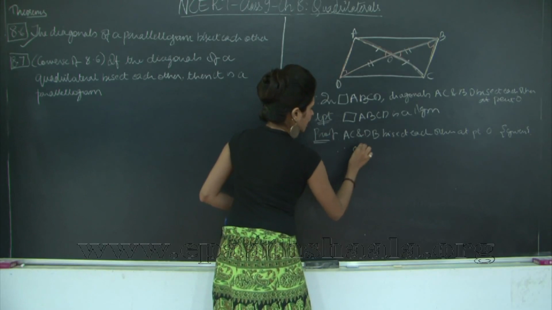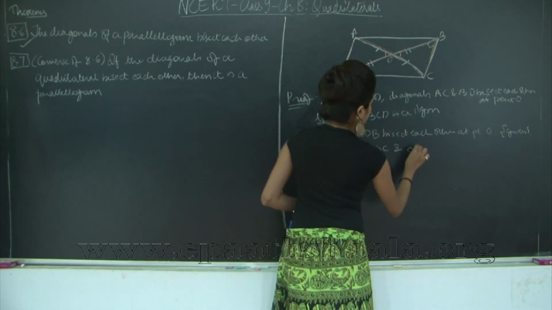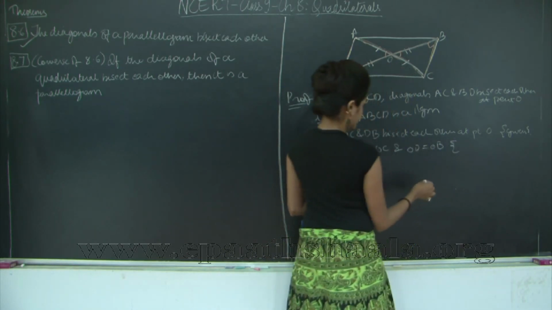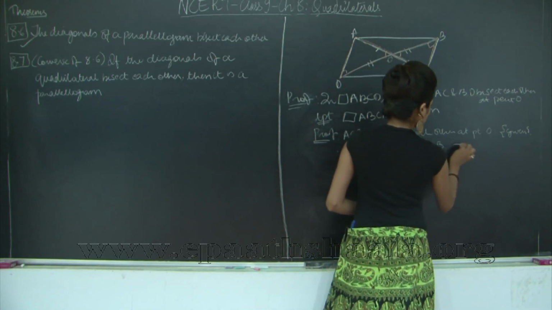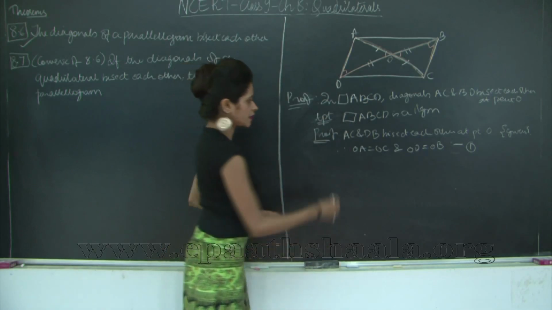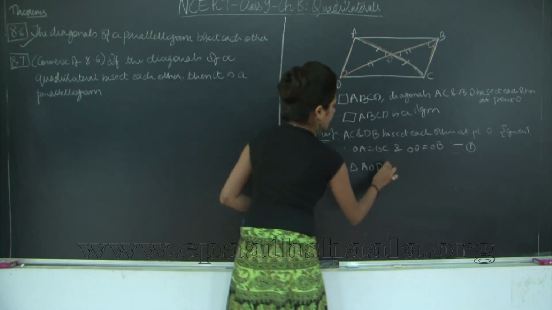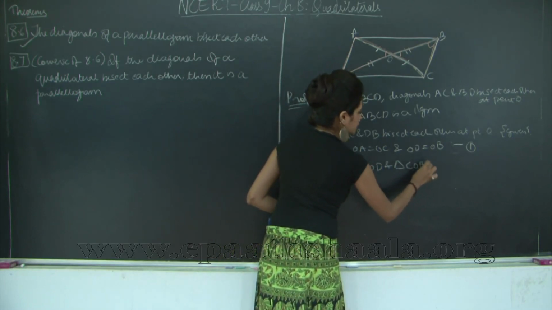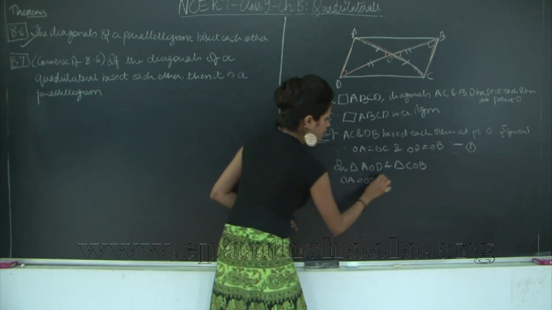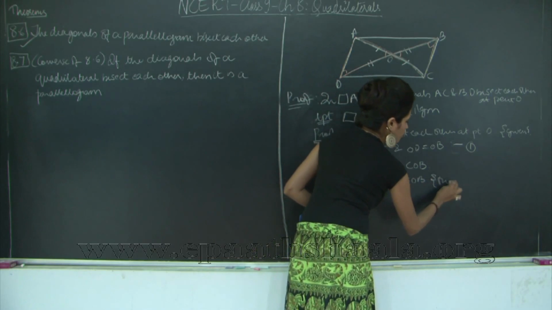Therefore, OA is equal to OC and OD is equal to OB. I will mark this as 1, since they are getting bisected at point O. Now, in triangle AOD and triangle COB, I have OA is equal to OC and OD is equal to OB, from 1.